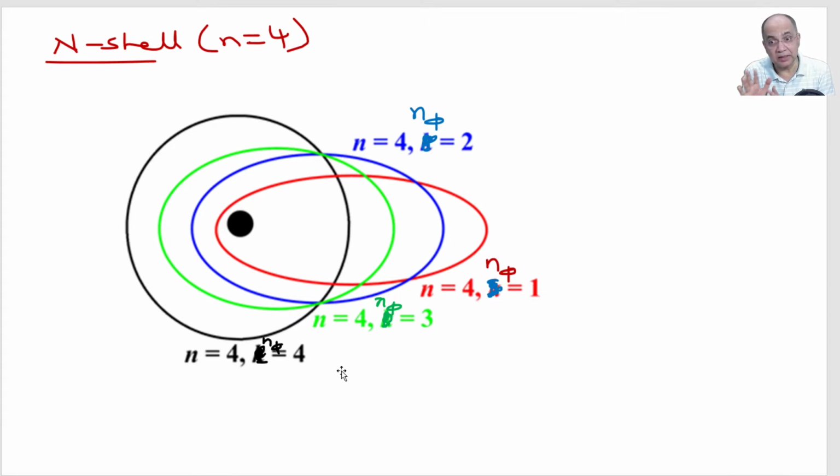But remember that these carry equal energy as long as there is no external field. The moment you have an external magnetic or electric field, then, he believed, they decompose into different energy levels. They are then no longer degenerate suborbits. I'm not talking about degenerate orbitals, forget about orbitals now. Degenerate suborbits, I mean subcells, right? So they will be non-degenerate only when there is a magnetic or electric field.